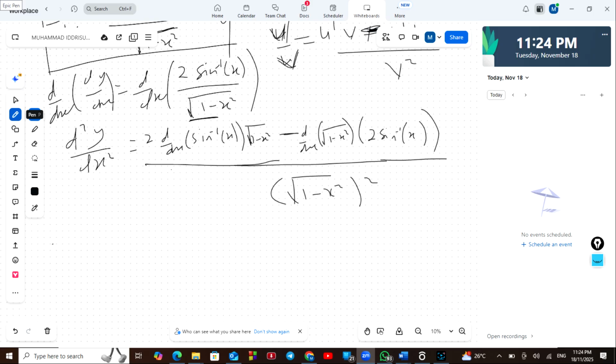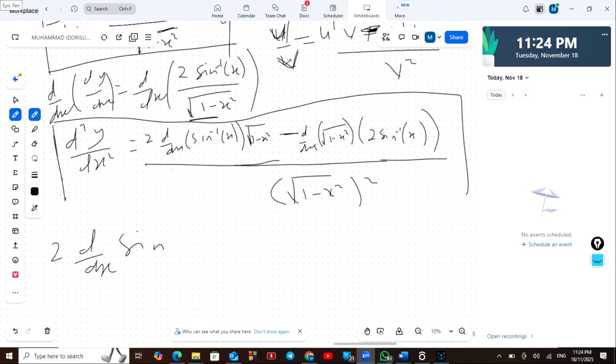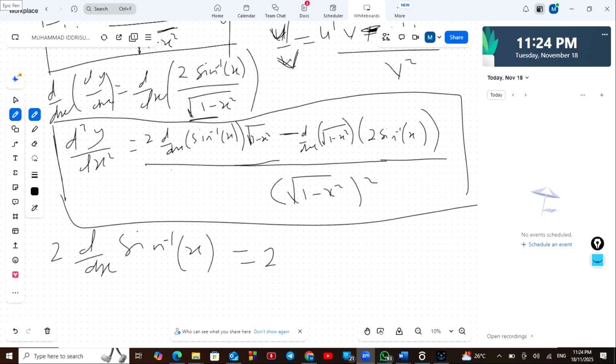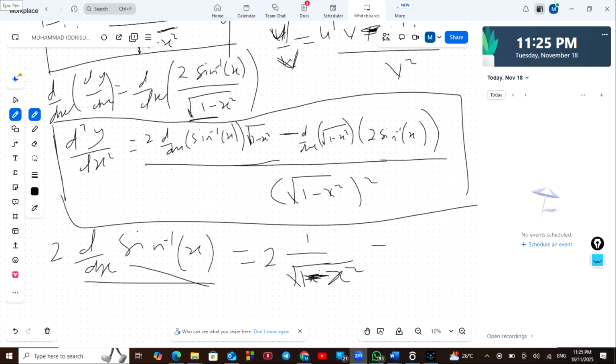So first, 2 d/dx of sine inverse of x. I'll do it partly and then bring it and substitute the values. 2 multiplying, we already know the derivative of this to be 1 over the square root of 1 minus x squared. So this is 2 over the square root of 1 minus x squared.